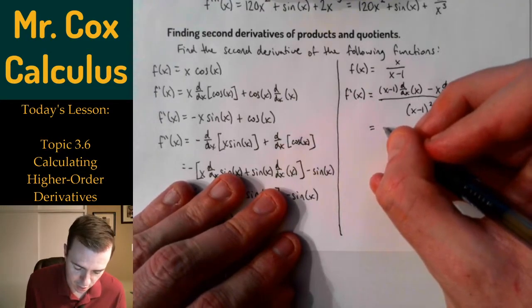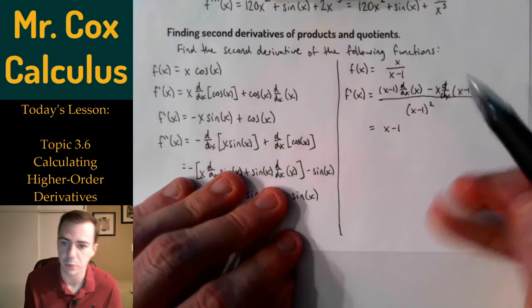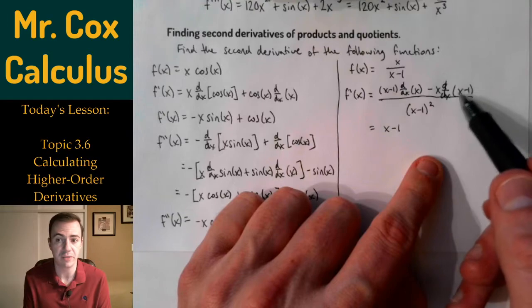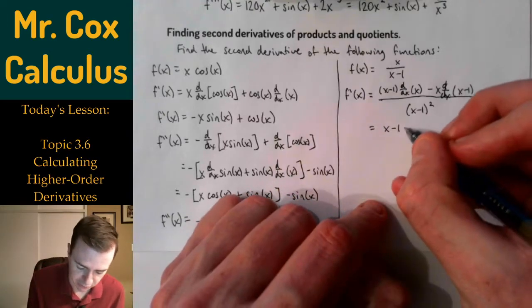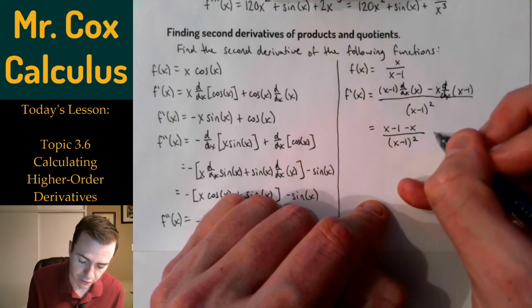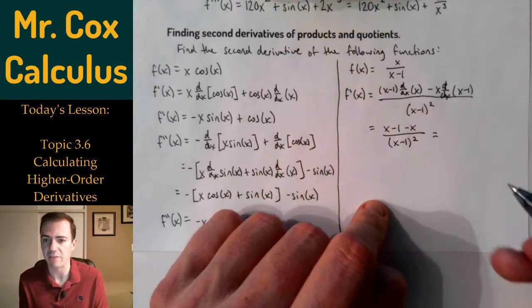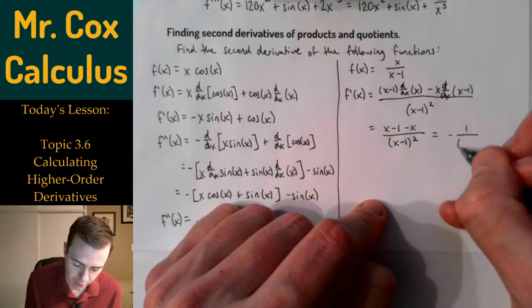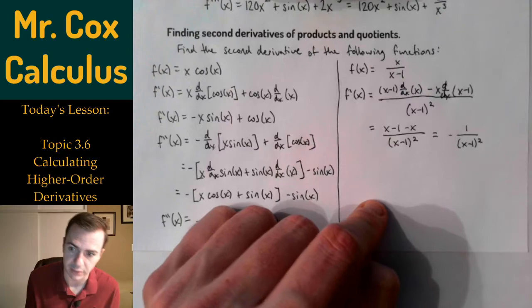Well, that's 1. So this is going to be x minus 1, minus x times the derivative of x minus 1. Well, this derivative is also 1. So this ends up being x minus 1 minus x over x minus 1 squared. And so what we get for f prime of x, these x's divide off, and I get negative 1 over x minus 1 quantity squared.